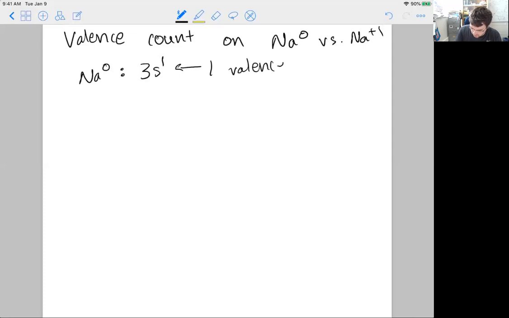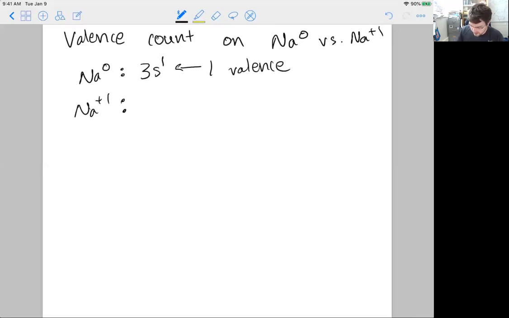It's in group 1 on the periodic table. Now, what about Na+? You might say, well, Willoughby, Na+ is also an atom still in group 1 of the periodic table, so it should have 1 valence electron, right? Well, no. That group number to valence electron count trick only works when we're talking about neutral elements.